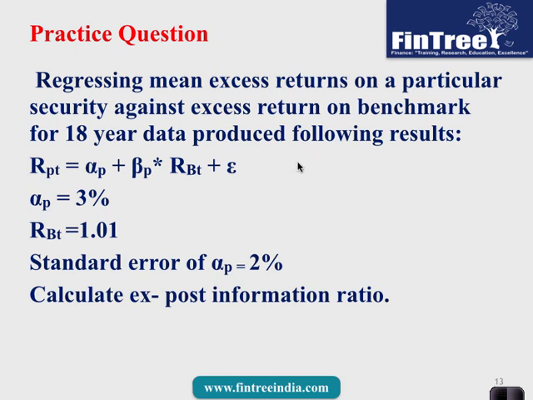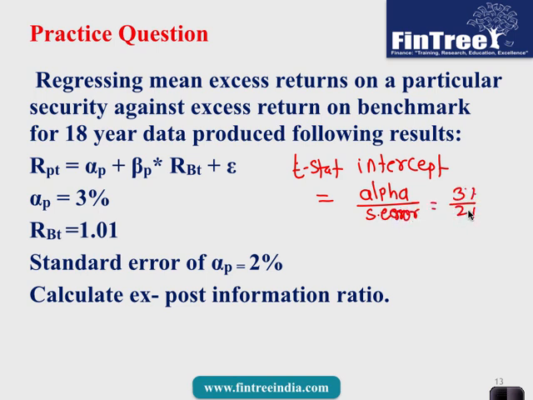So the first step that you will do is calculate the t statistic of the intercept. The t statistic of the intercept would be the alpha divided by standard error, which is the intercept divided by standard error. So that would be 3% divided by 2%. So we have a t stat of 1.5.